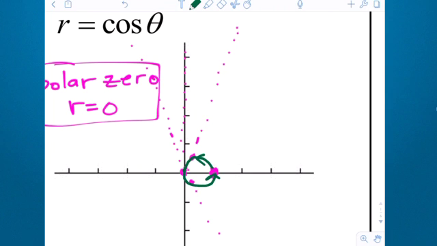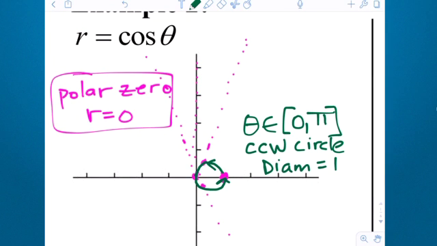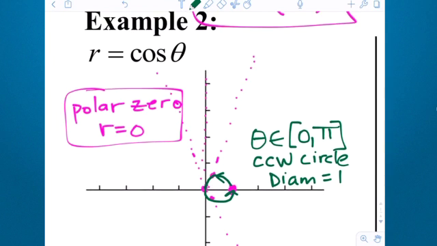So notice what I've done is as theta has rotated from 0 to pi, I have traced out a counterclockwise circle whose diameter is what? Is 1, okay? Is there a 1 anywhere in my function equation? Kind of. There's a 1 in front of cosine. Is that the diameter? We'll have to see after lunch, okay?